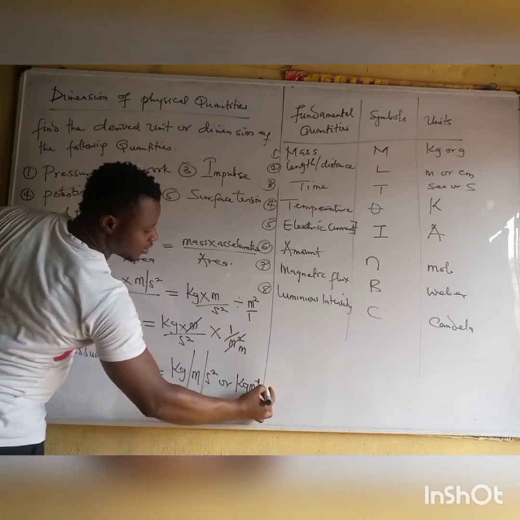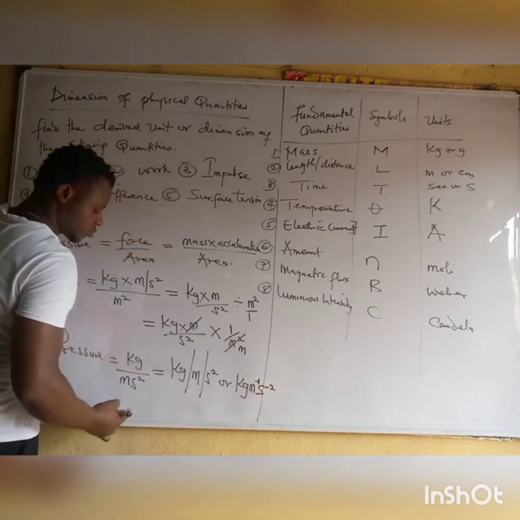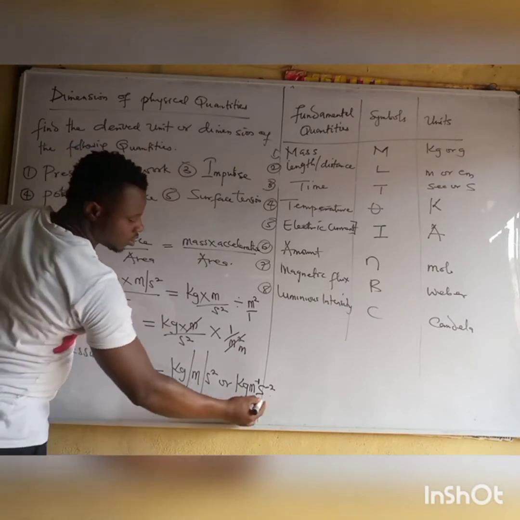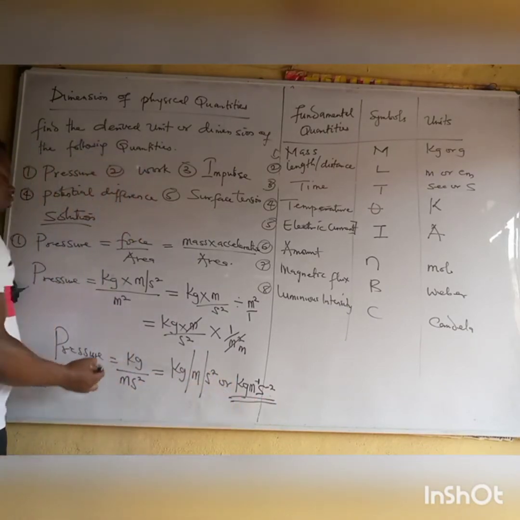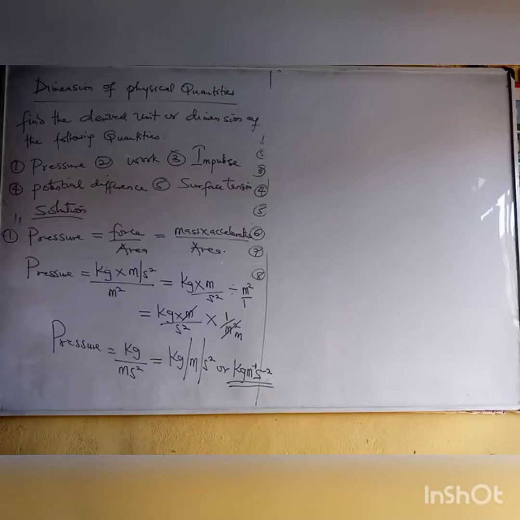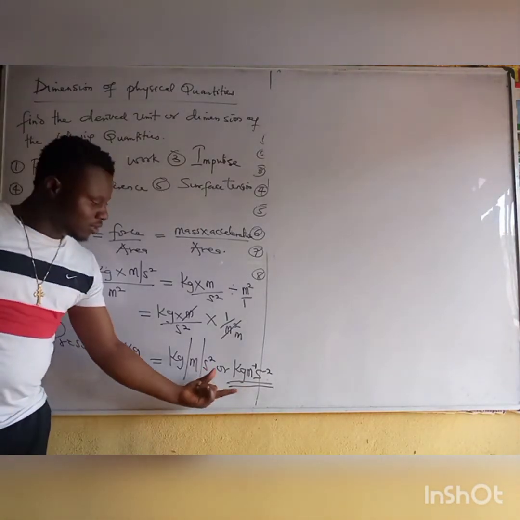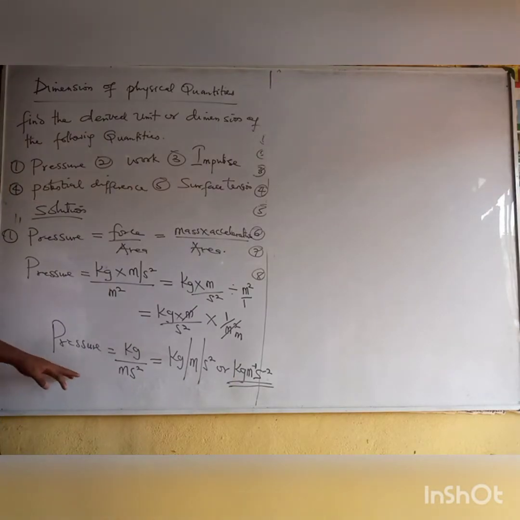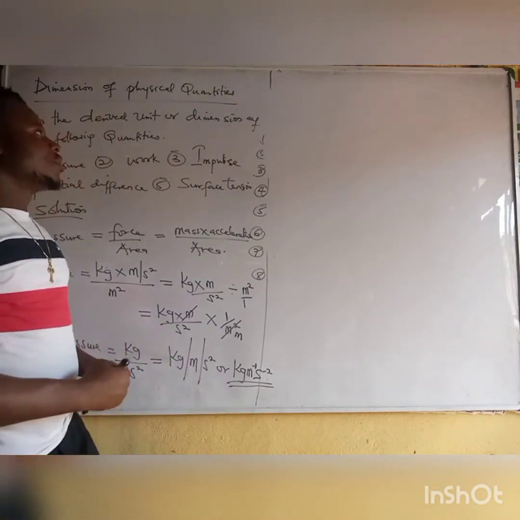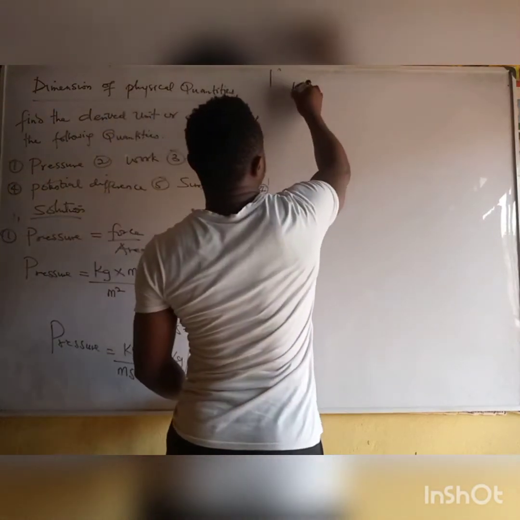So this is the derived unit of pressure. Since we have proved that, we are going to find the dimension of pressure.